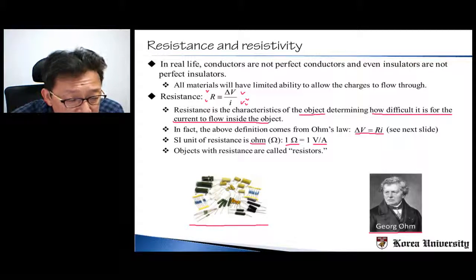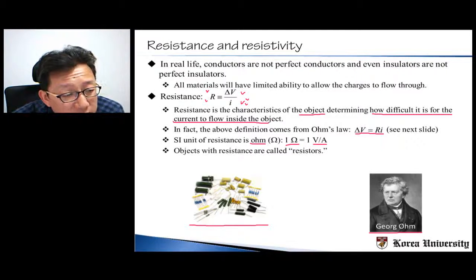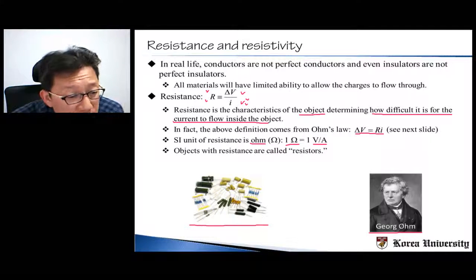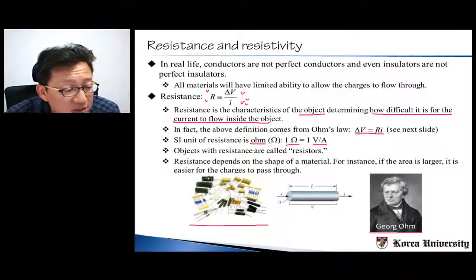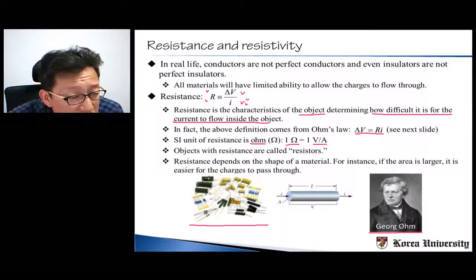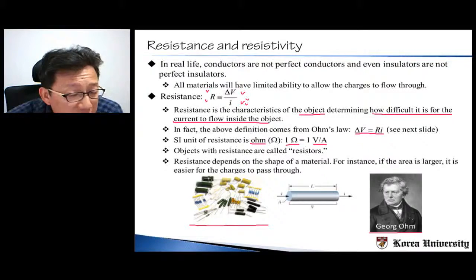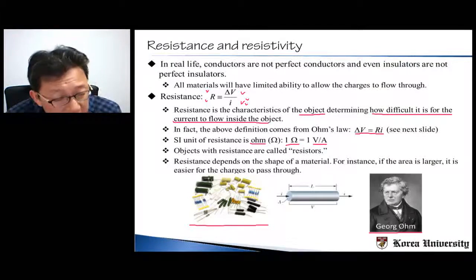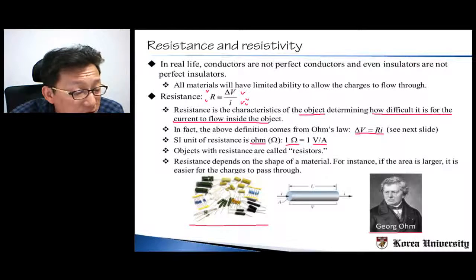And this different resistance depends on what type of material they are made of. It also depends on what shape these resistors have. So the important thing you have to understand is that resistance in fact depends on the shape of a material. The reason is that current is just like a flux, and resistance depends on the current.